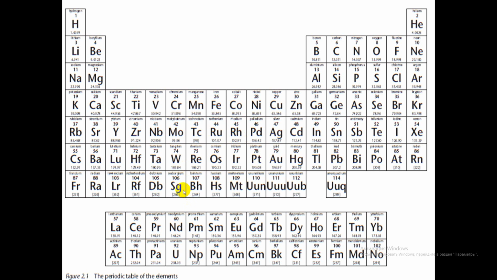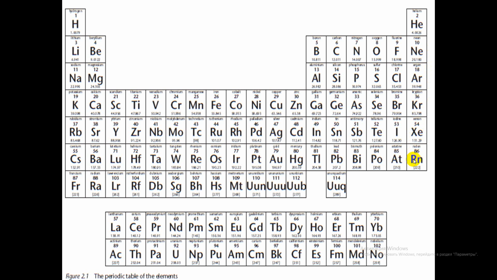As we move from left to right along a row or period, the properties of the elements gradually change. The last element in each row is chemically inert: helium, neon, argon, krypton, xenon, radon.